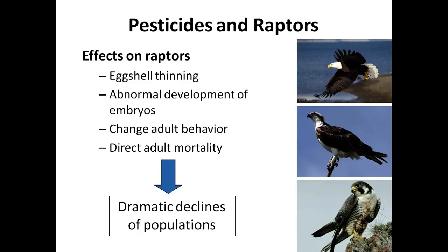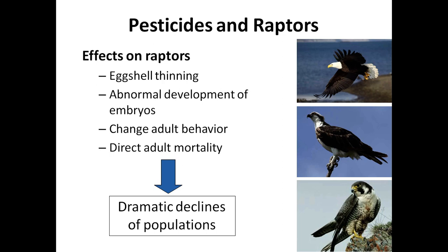So what is the impact of these pesticides on raptors? There's a direct link between the thickness of the eggshells and the DDT content in eggshells. Eggshell thinning was one of the major issues with raptors. Although they laid eggs, they were not successful. Abnormal development of embryos is another issue.